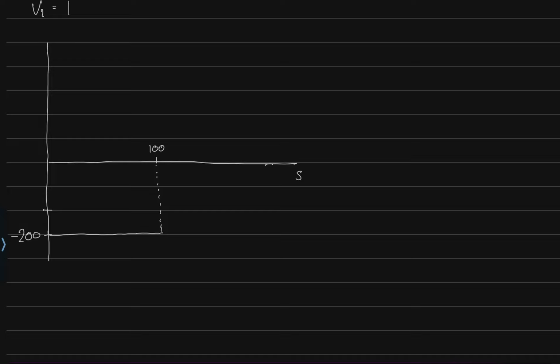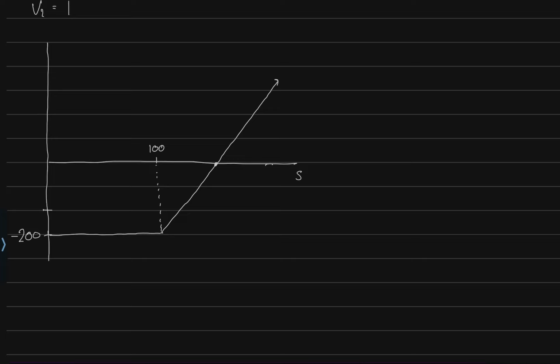Now, after that, I'm going to have a linear growth until I have a break-even point. And then after that, with the same linear growth, my payoff is just going to keep increasing. Now, using the last example, if my stock price were to end up at 102, then I would profit $2 per share.